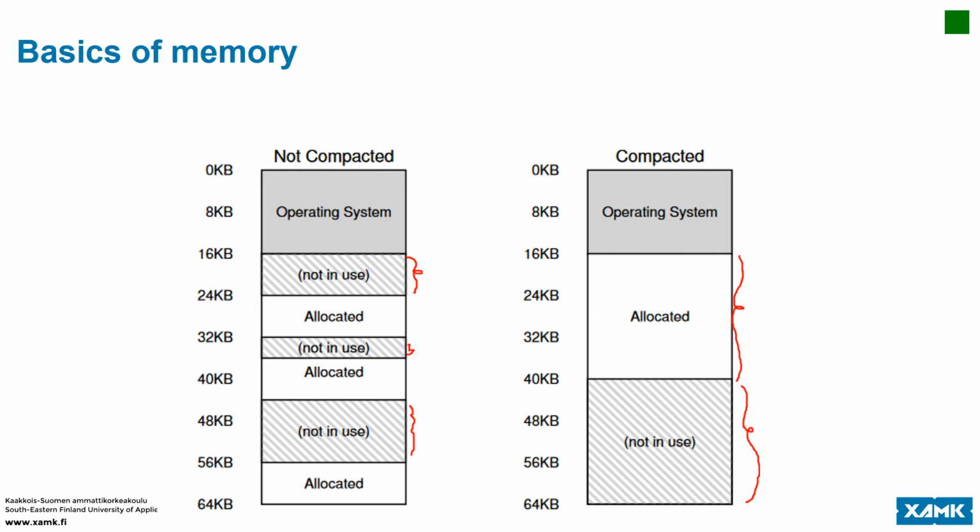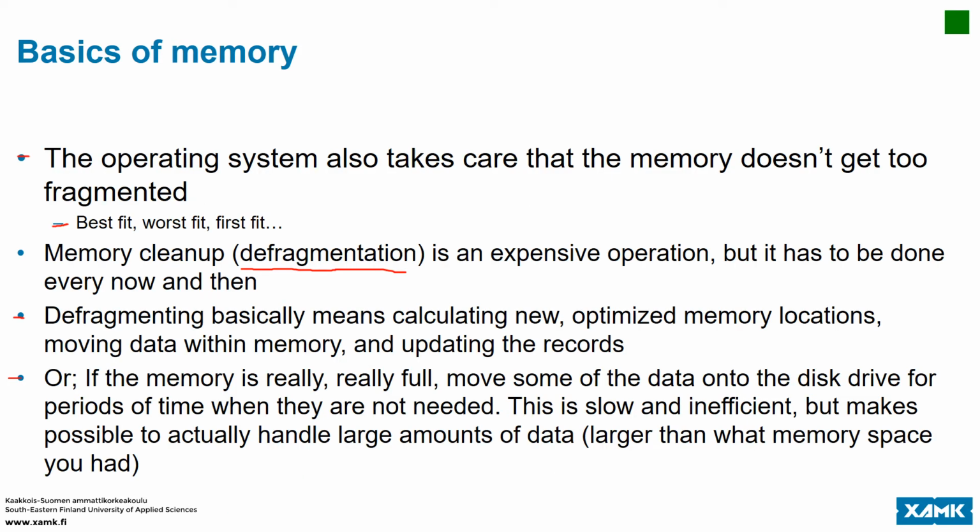This is more of a side note though, so it's just something to keep in the back of your mind, that when we allocate blocks of memory, the allocation of memory may be less than ideal. The cleanup of memory is the process that is called defragmentation. And basically what it means is the operating system takes care of the memory so that it doesn't get too fragmented.